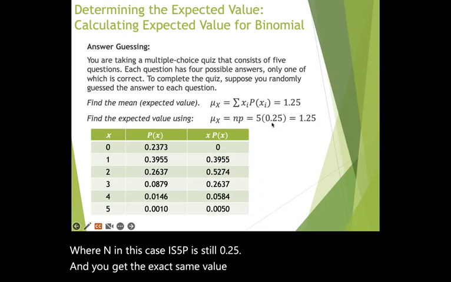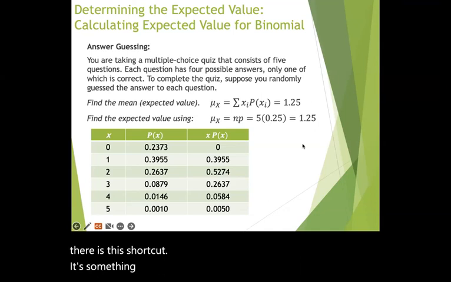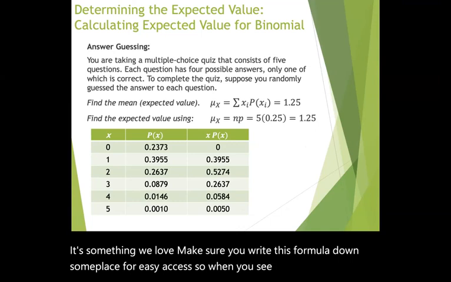So you can see I'm not lying. There is this shortcut. It's something we love. Make sure you write this formula down someplace for easy access. So when you see binomial distribution, you can just pull this out.